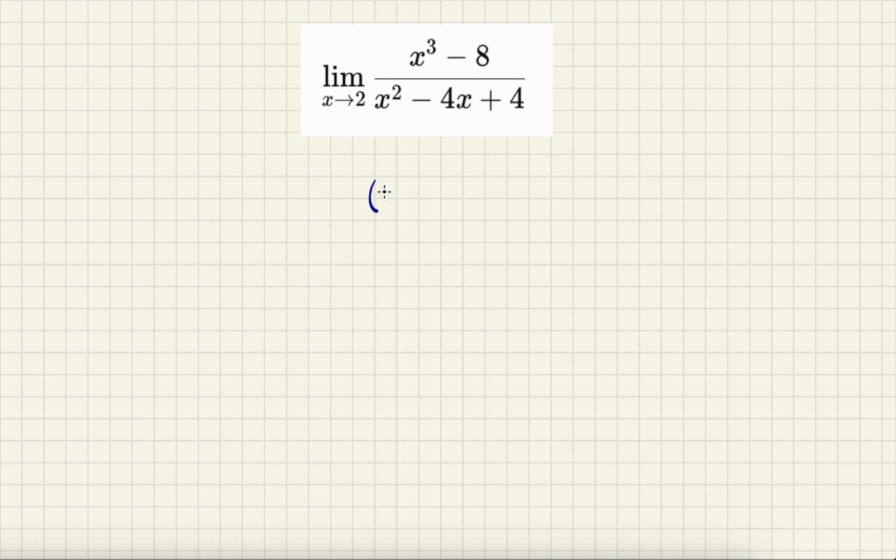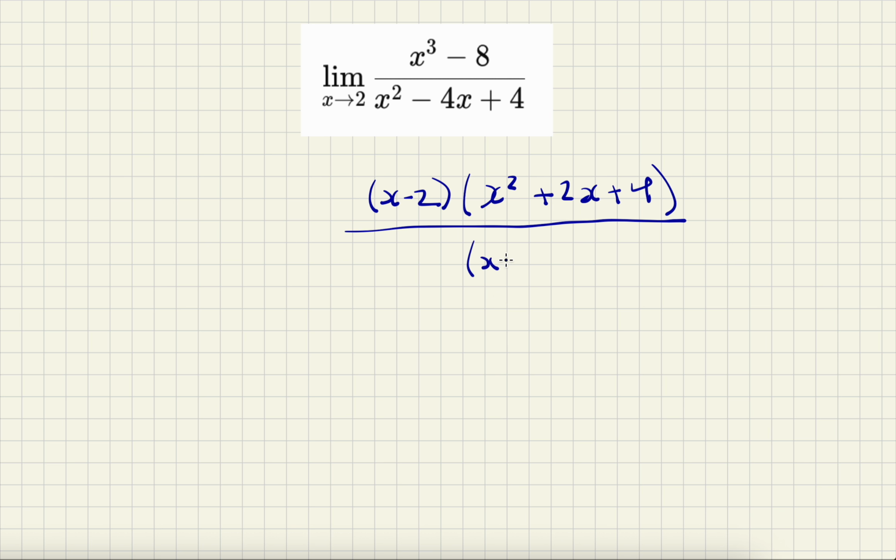And so you can rewrite this as x minus 2 times x squared plus 2x plus 4. And if you simply rewrite the denominator, you can write x minus 2 the whole square.